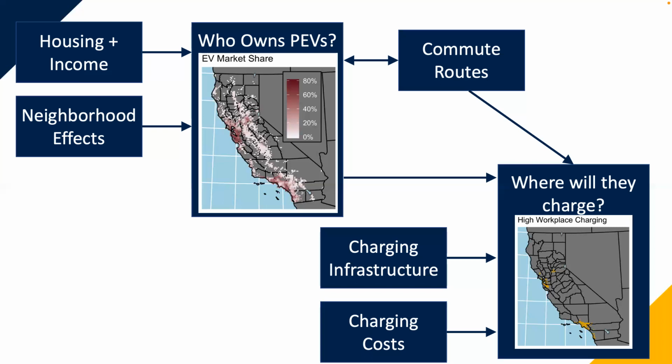And then you need some ideas about attributes of the charging infrastructure, like the charging speed, and then ideas about how much it's going to cost. And these play into the decision making for not only where you would install them, but also where the EV drivers are likely to charge.